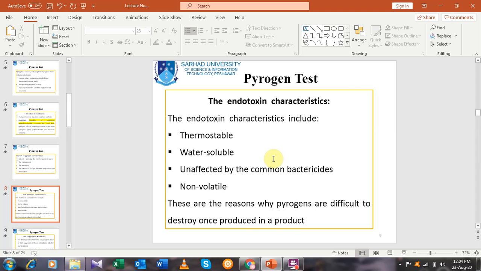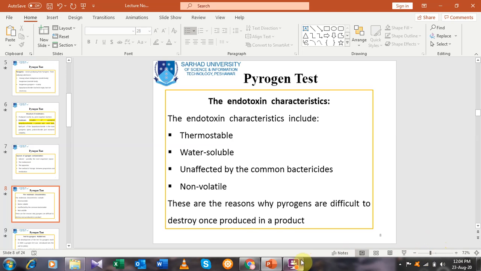If we add or use the common bactericide, they will not be inactivated or removed by using the common bactericide.